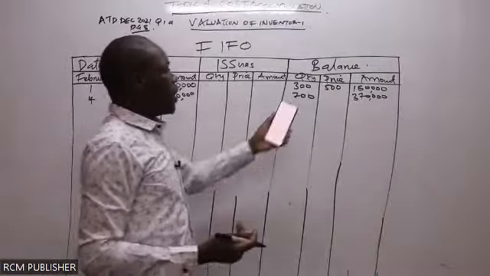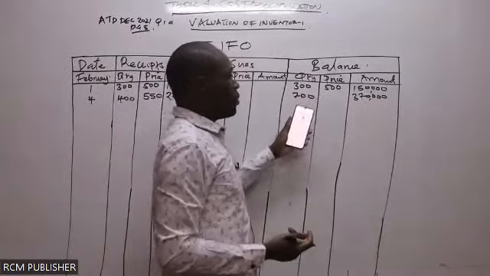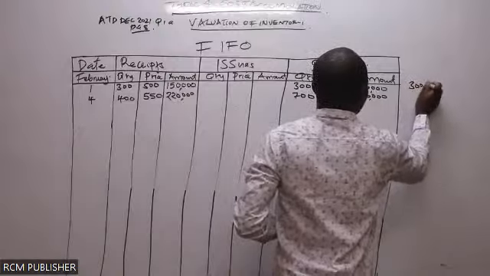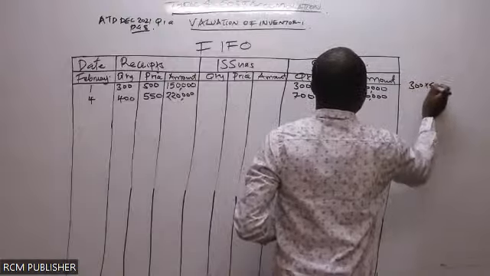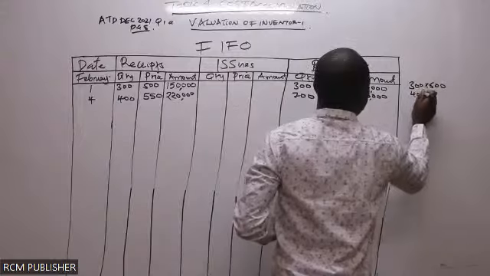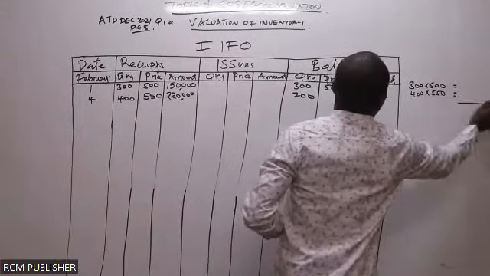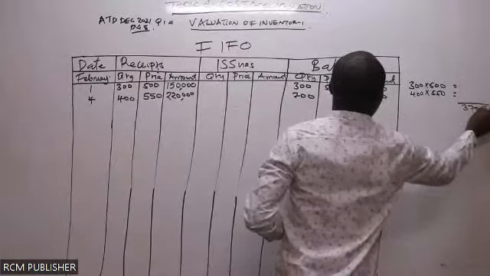Now, this one here we can still identify, because for us to arrive at 370, we've taken 300 units at 500, we've added to 400 units at 550. When I add these things here, they should give me a total of 370,000.